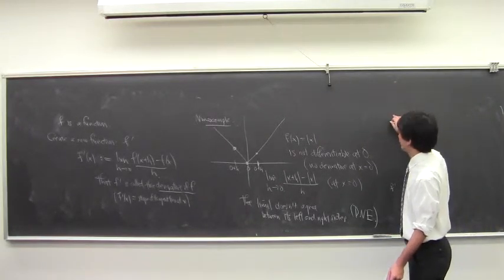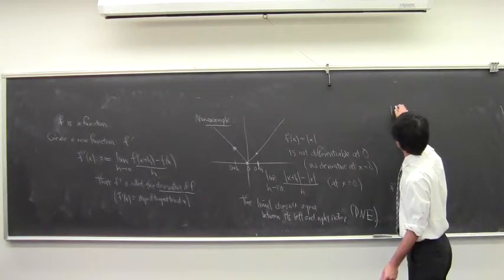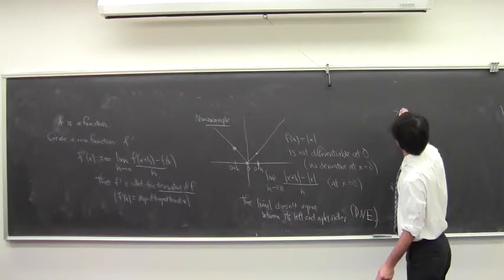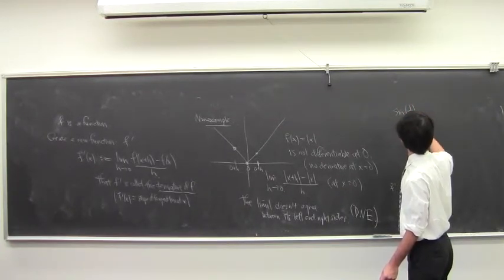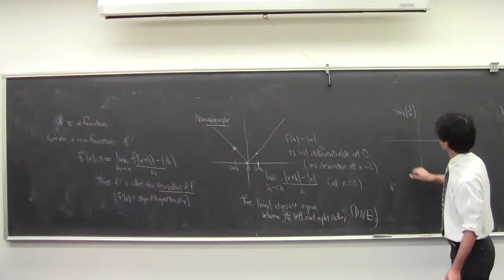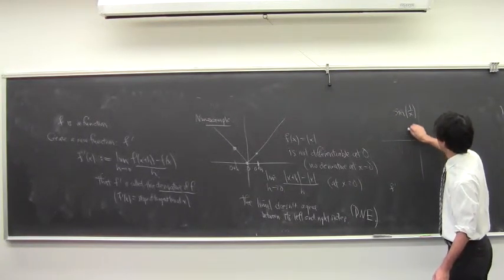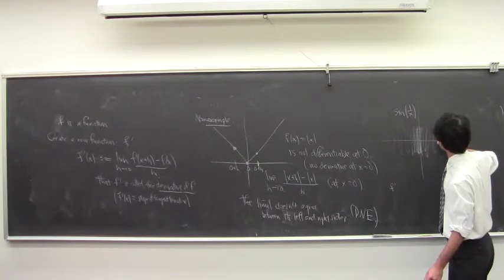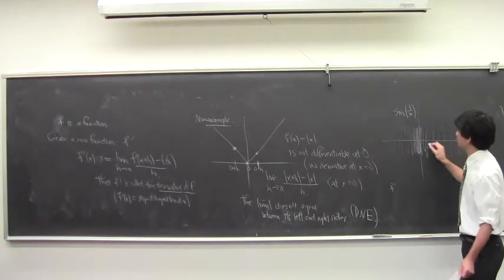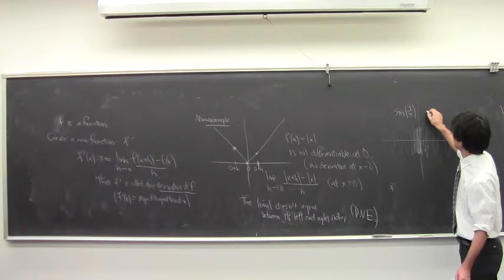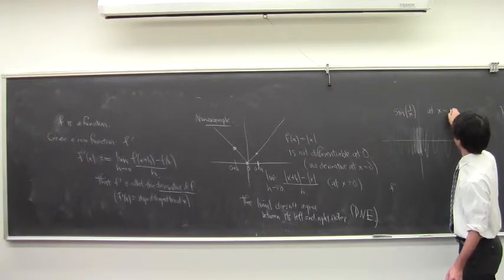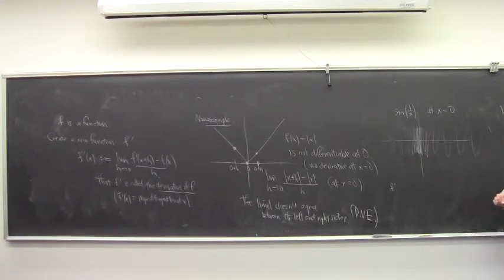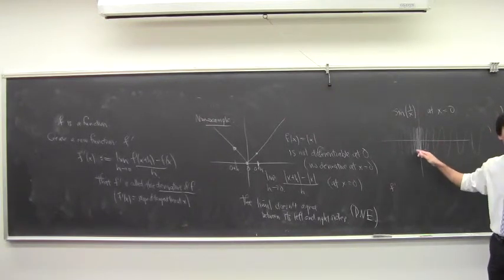You could also have some crazy function like sine of 1 over x at x equals 0. Away from x equals 0, it's actually possible.